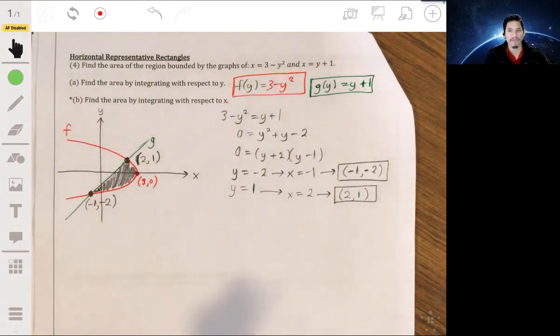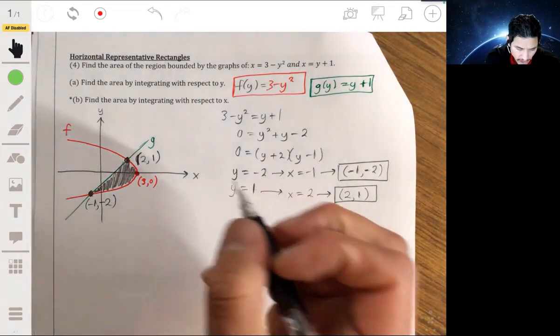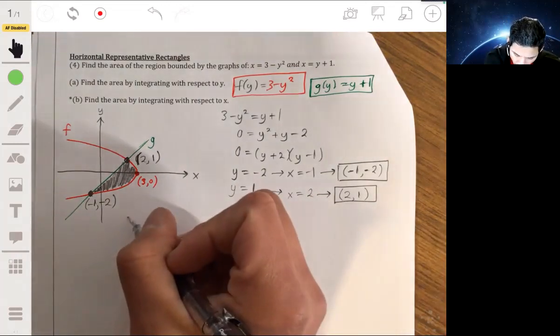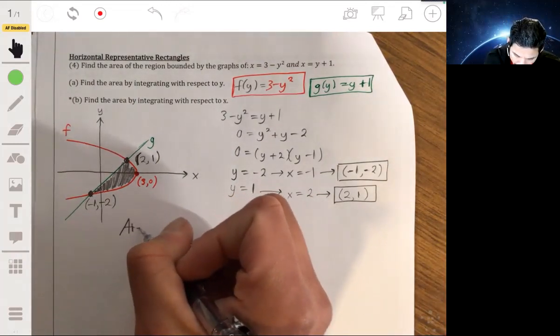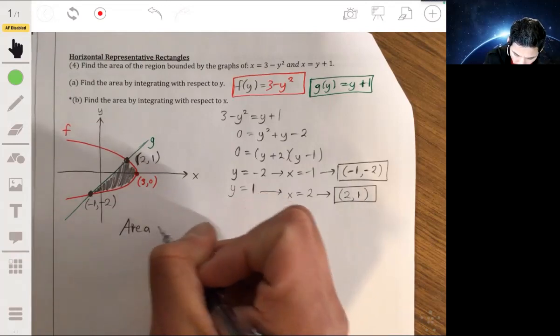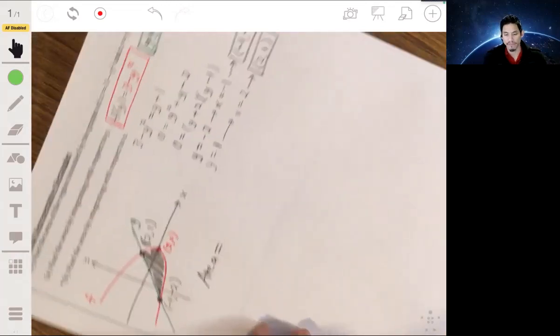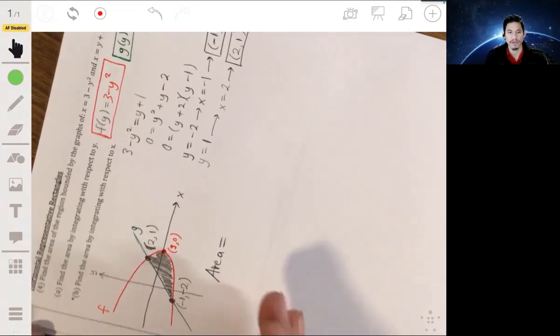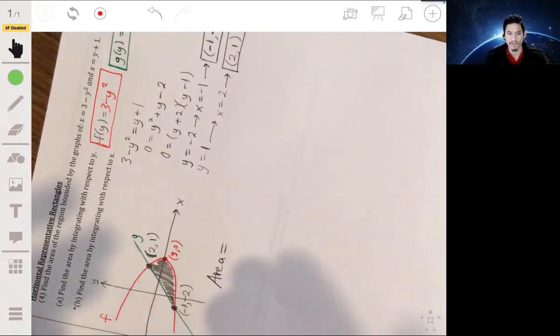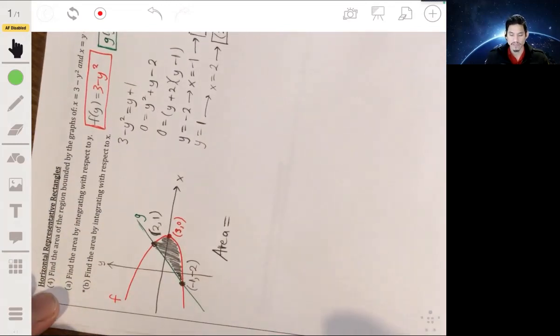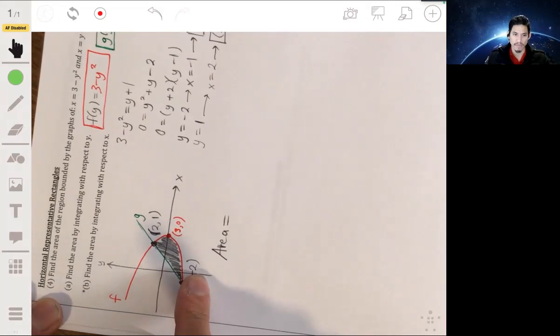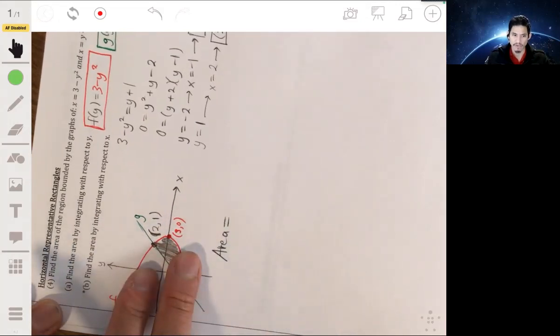All right, so now we have to figure out how we're going to set up our integral. The area of the region will be equal to, well, all you really have to do is interpret your areas from this perspective. From here, you can see that the parabola is going to be on top on the entire interval.